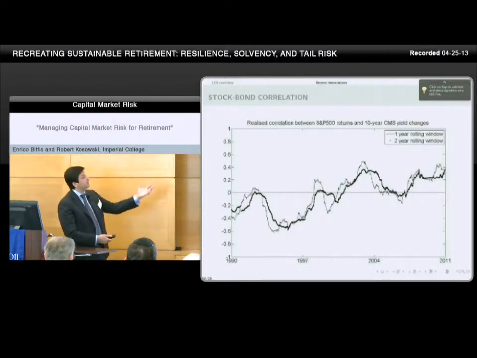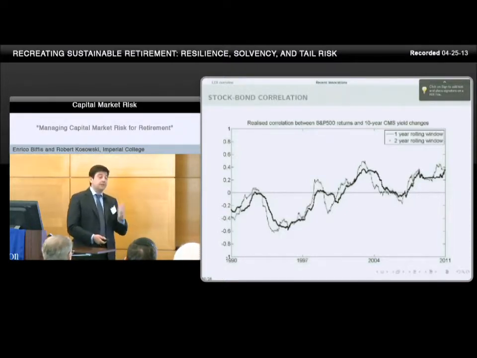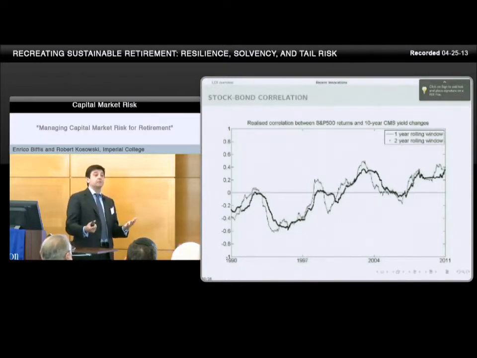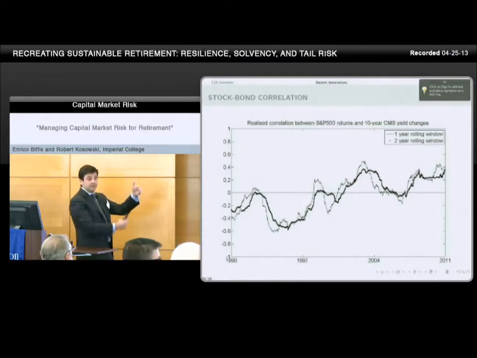A typical example: if you're a pension plan, you're typically net long stocks and net short bonds, because liabilities are bond-like. So you may find it convenient to get some protection against flight to quality, flight to safety events, where bond markets go up and yields go down, through a correlation swap.